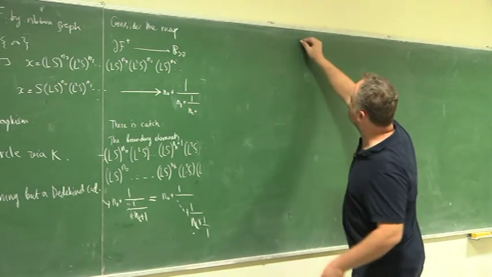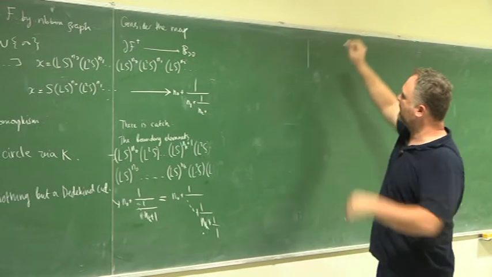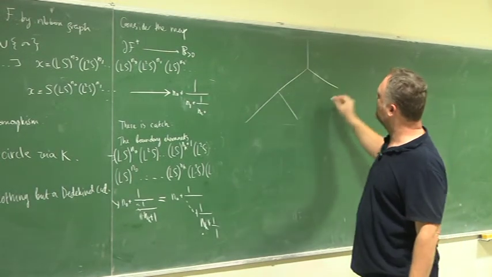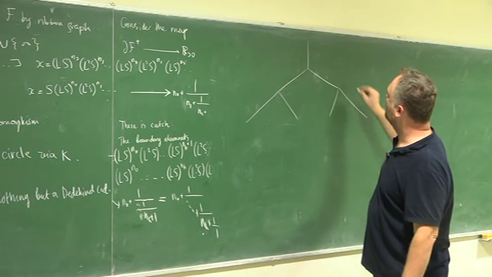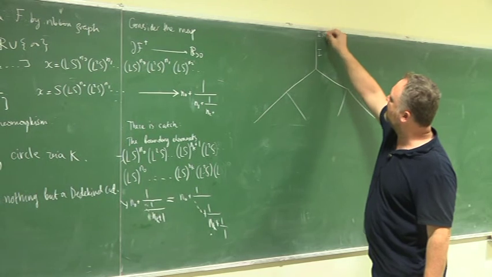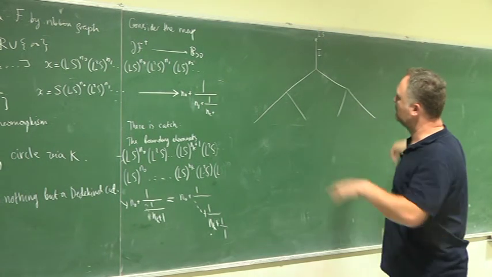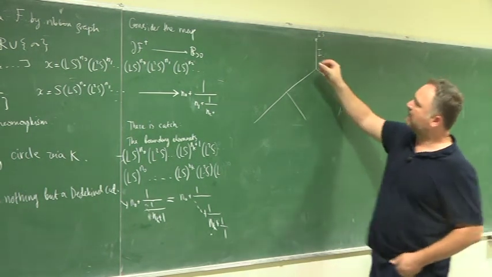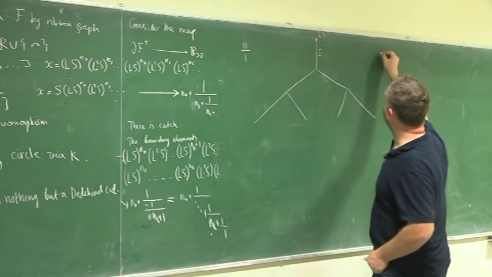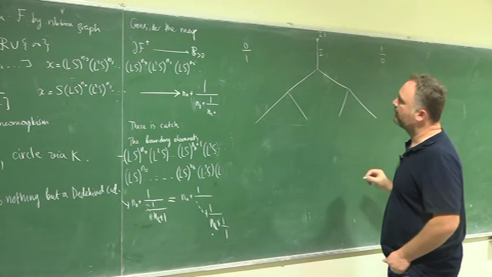So I consider only the positive part, and the negative part of the tree lies above. So here, this is the identity. Identity times S lies above, and here it goes. And here I write 0 over 1, and here I write 1 over 0.